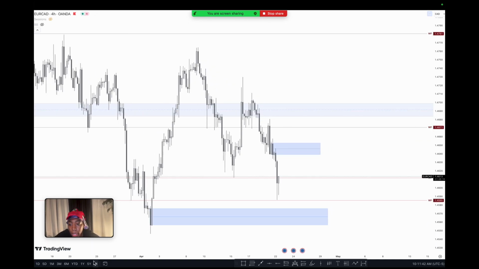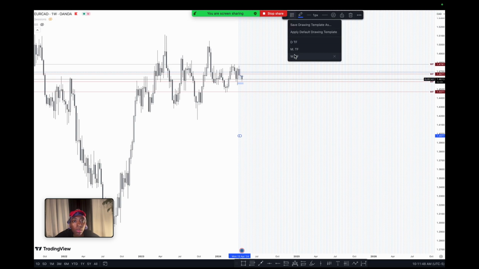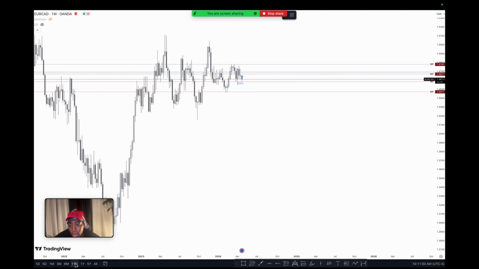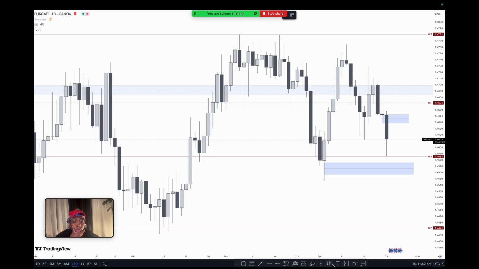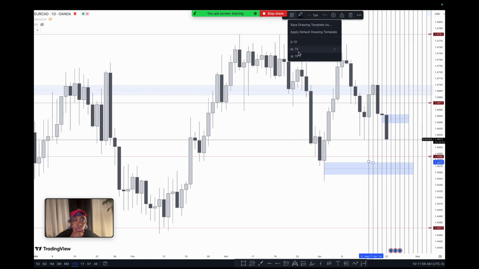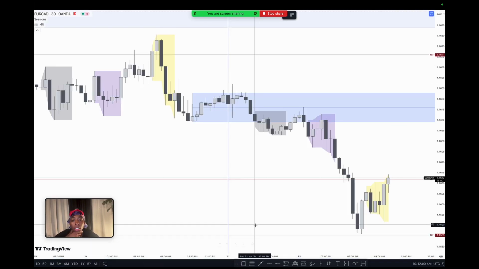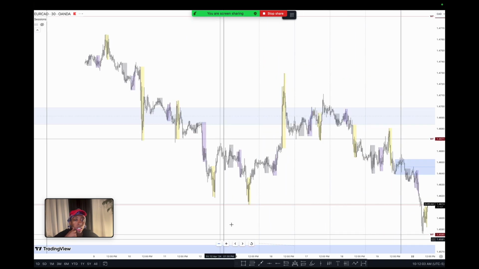Let me put my separators on weekly. Then let's go to the daily time frame. Okay, now we can go to the 30 minutes so it can show because I don't have them on all the time frames. Like that's too messy.